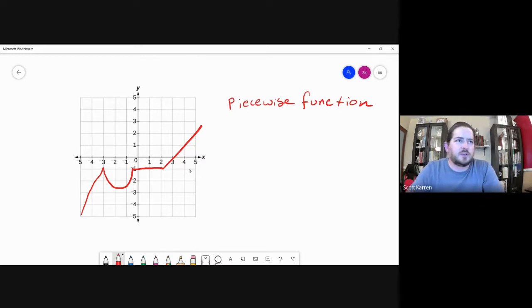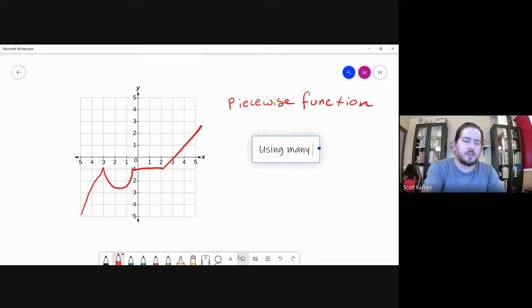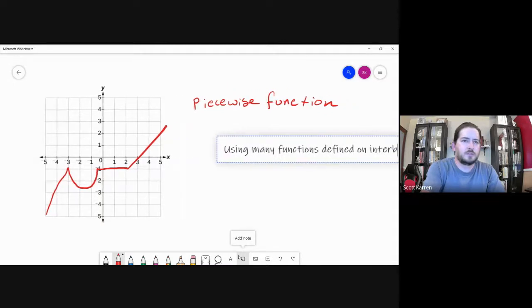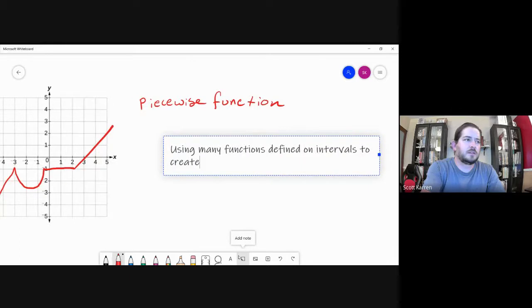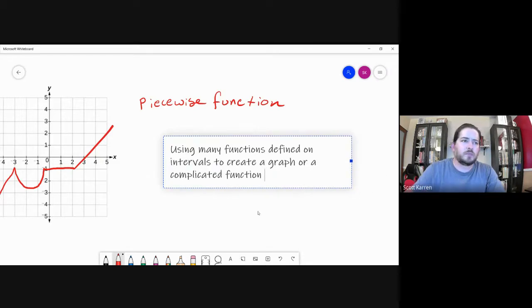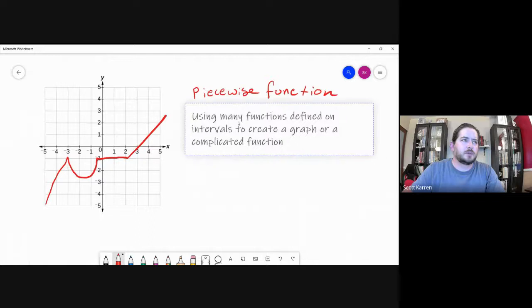And so a piecewise function is really just using many, however many, it doesn't matter, functions defined on intervals to create a graph or a complicated function. That is what piecewise is.